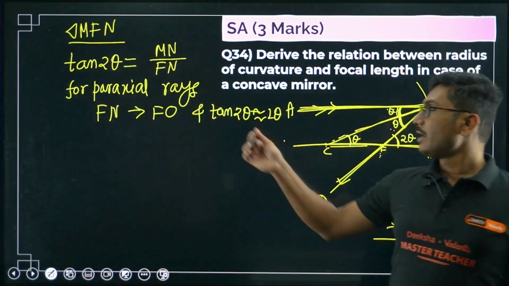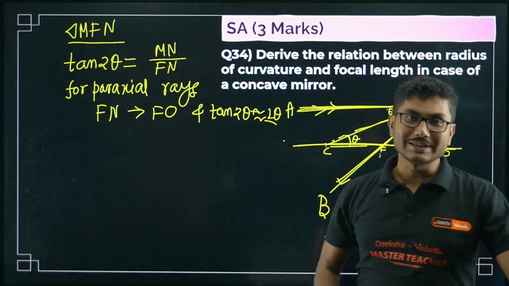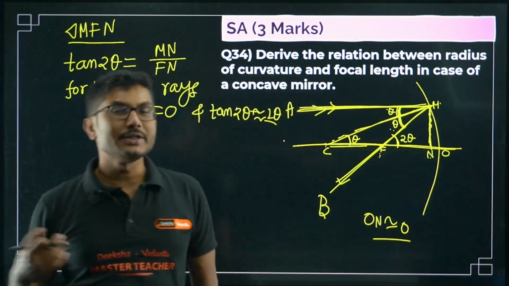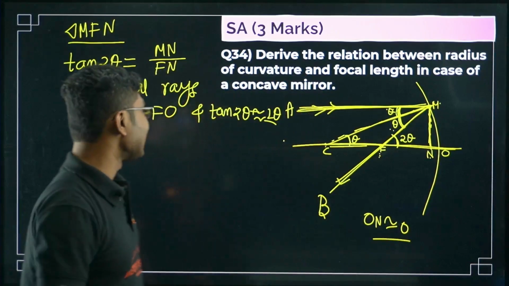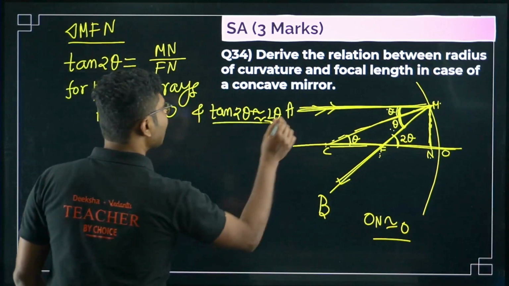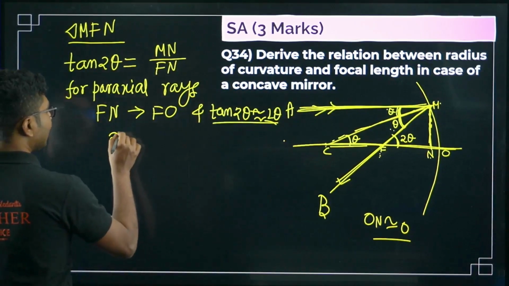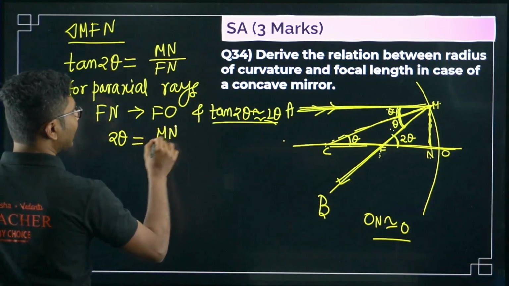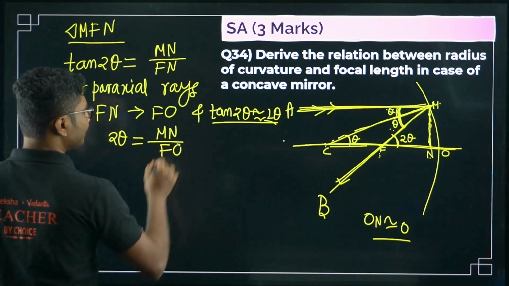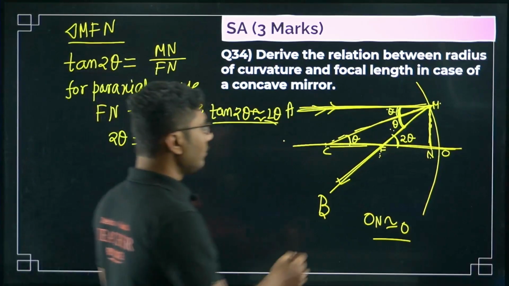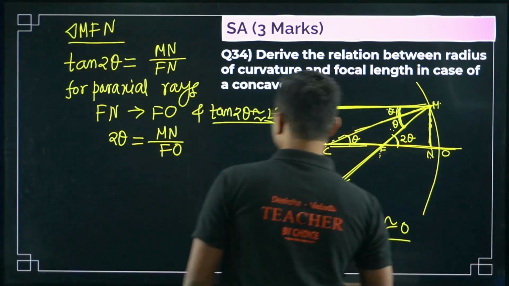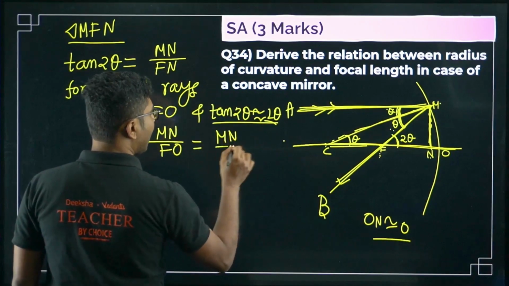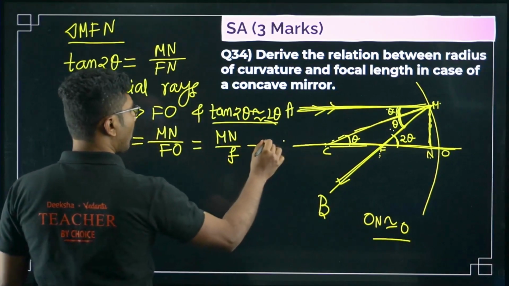That fact we have also used: because it's a paraxial ray, the angle of incidence is very small, so tan 2 theta will nearly be equal to 2 theta. So 2 theta equals MN divided by FO. Now FO is basically the focal length, so 2 theta equals MN by f. This is equation 1.